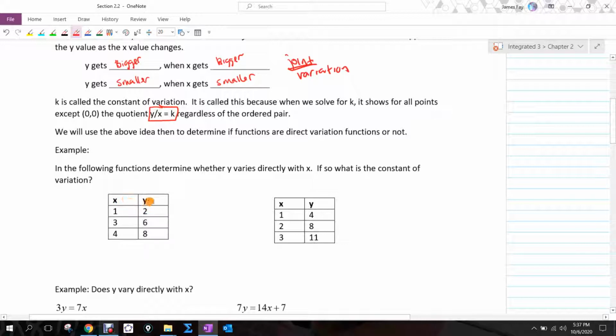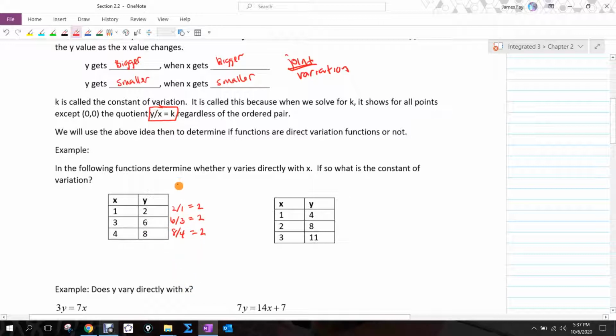If I take y divided by x here, 2 divided by 1 gives me 2. 6 divided by 3 gives me 2. 8 divided by 4 gives me 2.